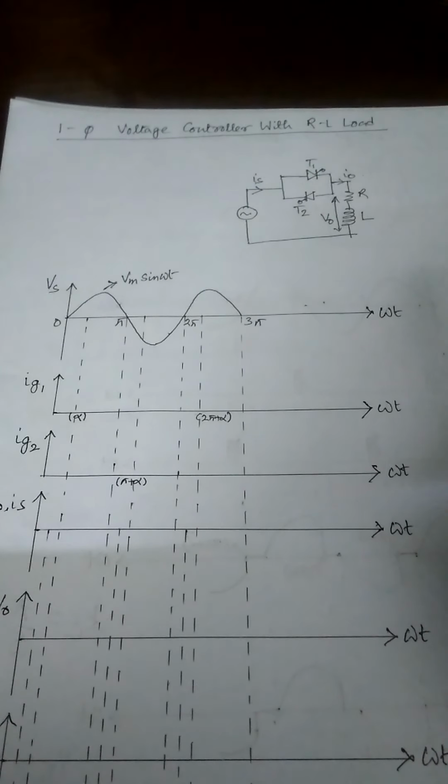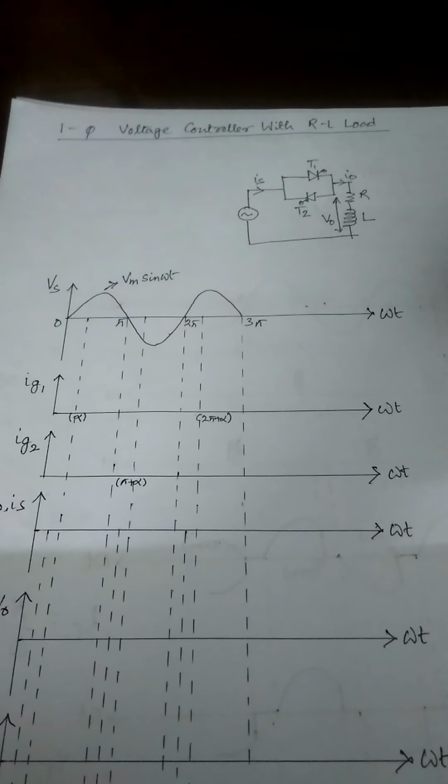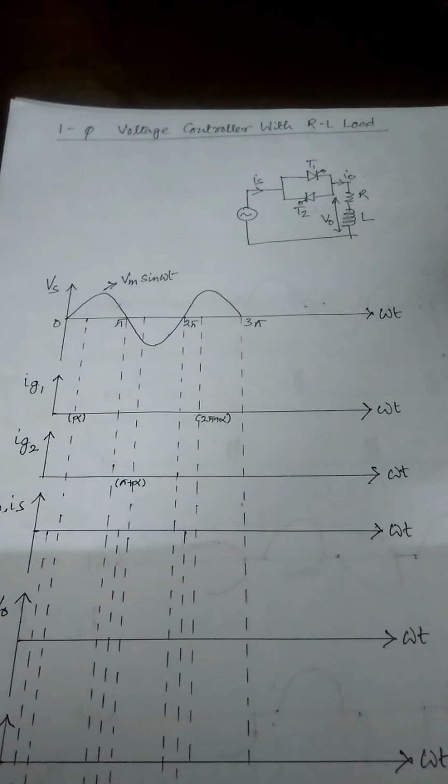In an RL circuit, the voltage and current do not appear in the same phase. There should be a phase shift, a phase angle difference between the voltage and current.